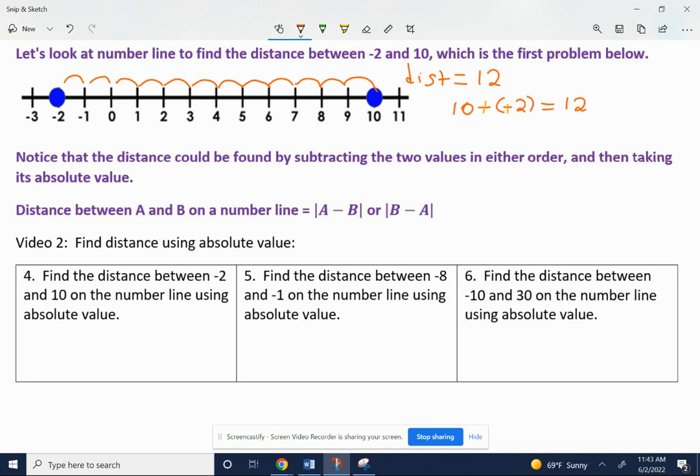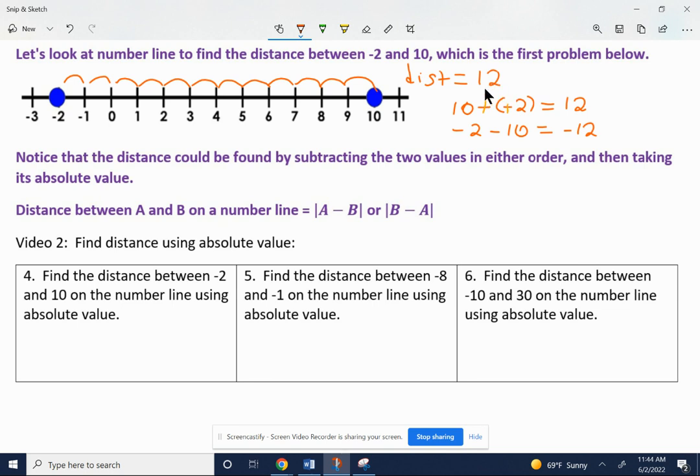What if I took the -2 first and subtracted the 10? Well, -2 subtract 10 is going to be -12. That's not the answer of 12, but it's almost there. Because if I took the absolute value of that, I would have the answer of 12.